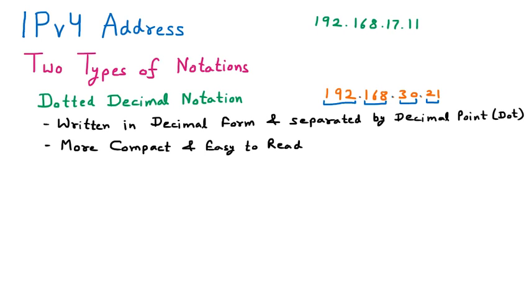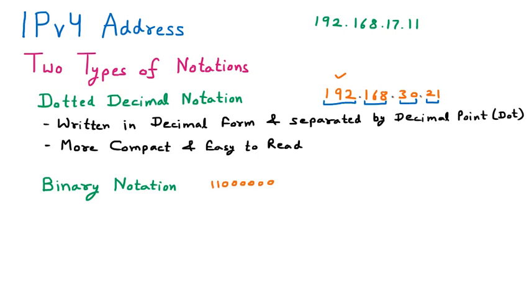Now we have another notation of IPv4, which is the binary notation. If we convert the dotted decimal notation into binary, that is called the binary notation. If I take 192 and convert it to binary, we have 8 bits, that is 1 1 followed by all zeros, 0 0 0 0 0 0.